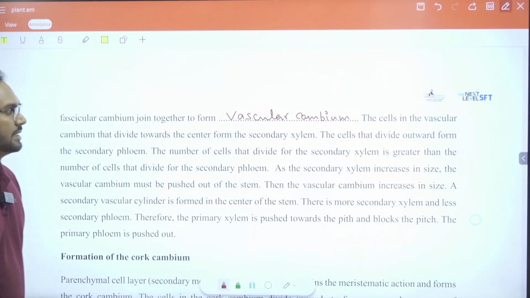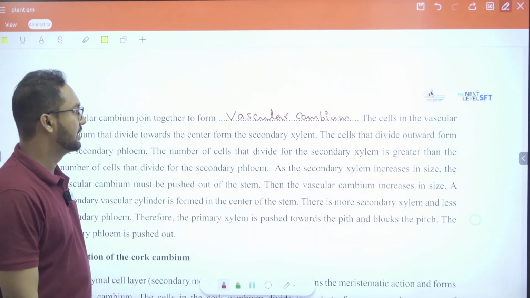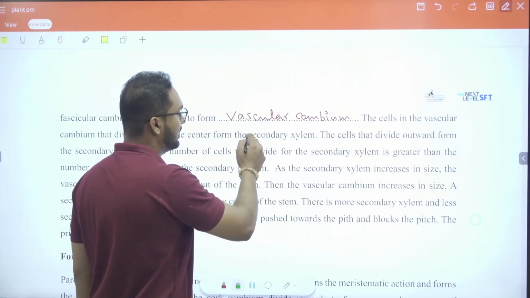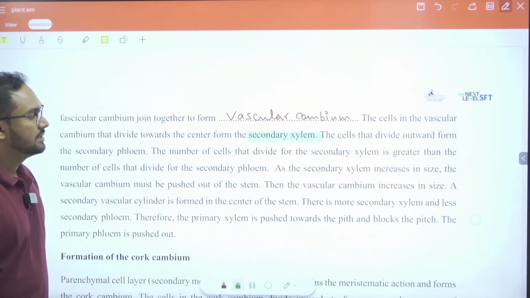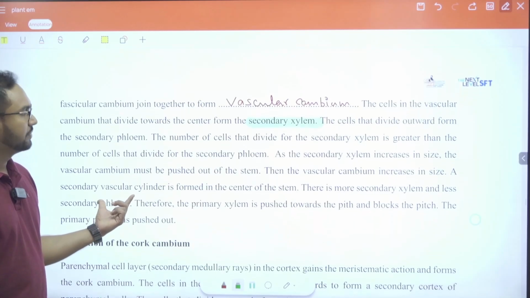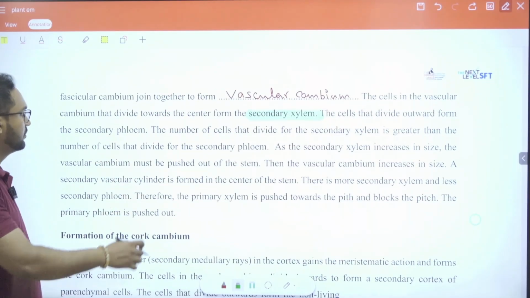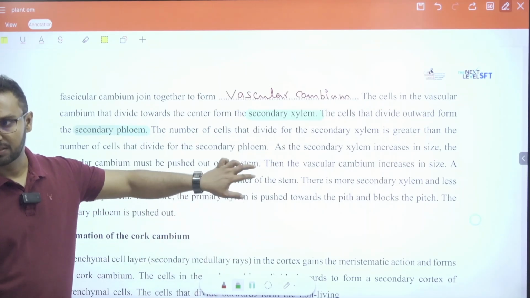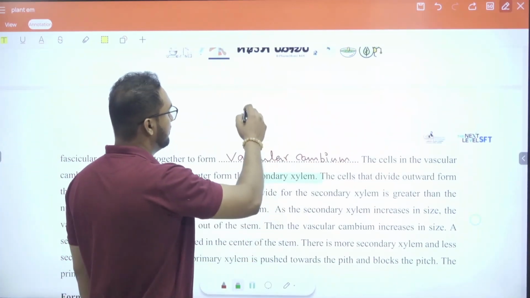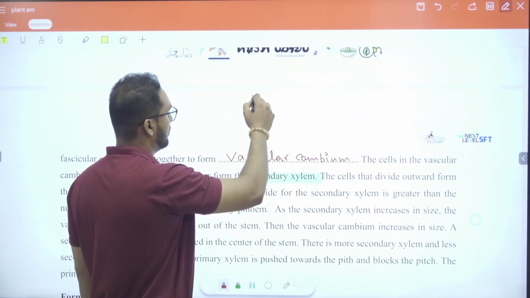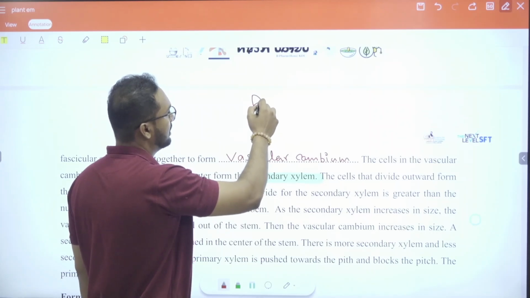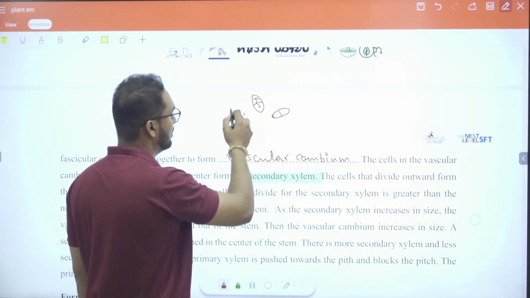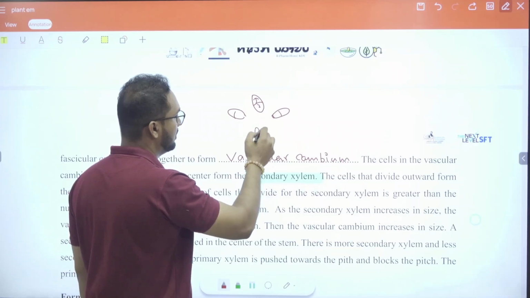The cells in the vascular cambium that divide toward the center form the secondary xylem. ඒ කියන්නේ center එක පැත්තට හැදෙන්නේ මොන cells ද? Secondary xylem. The cells that divide outward form the secondary phloem. Primary එකට අමතරව, ඒ කියන්නේ මුලින් තිබ්බේ මේගොල්ලෝ විතරනේ, ඇතුළට primary xylem එළියට primary phloem හැදුවා. ඊට පස්සේ cambium එක හැදෙනවනේ.